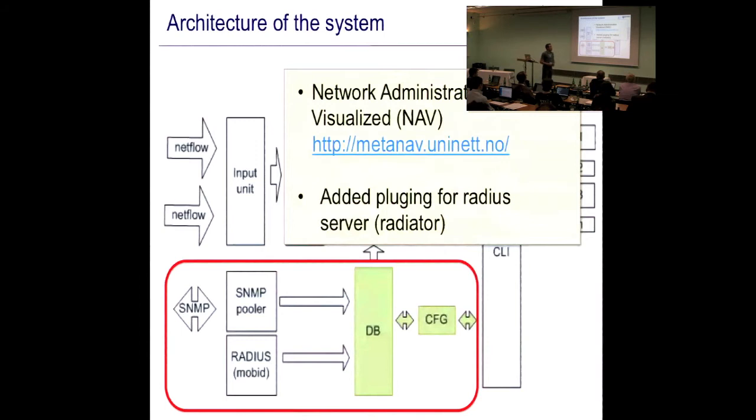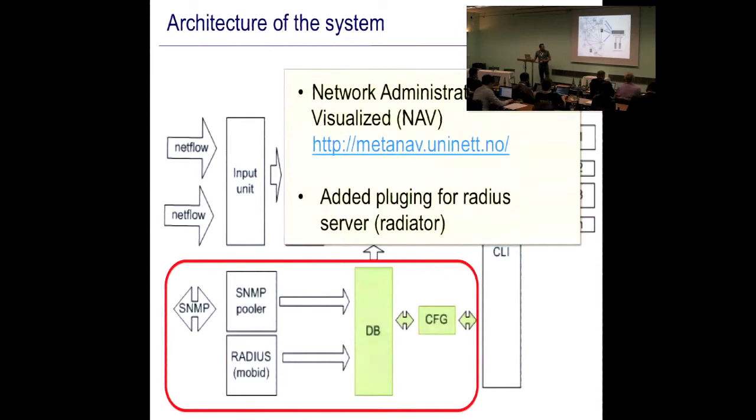I forgot to mention that we created our own plugin for the RADIUS server that gets data from RADIUS logs and puts it into a database. This database is the same for NAV and RADIUS, so we share it; we extended the NAV database with this data from the RADIUS server.